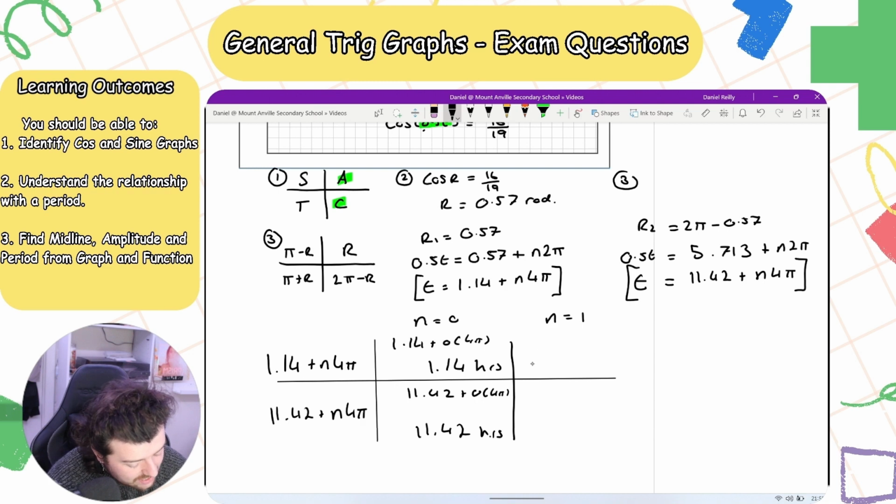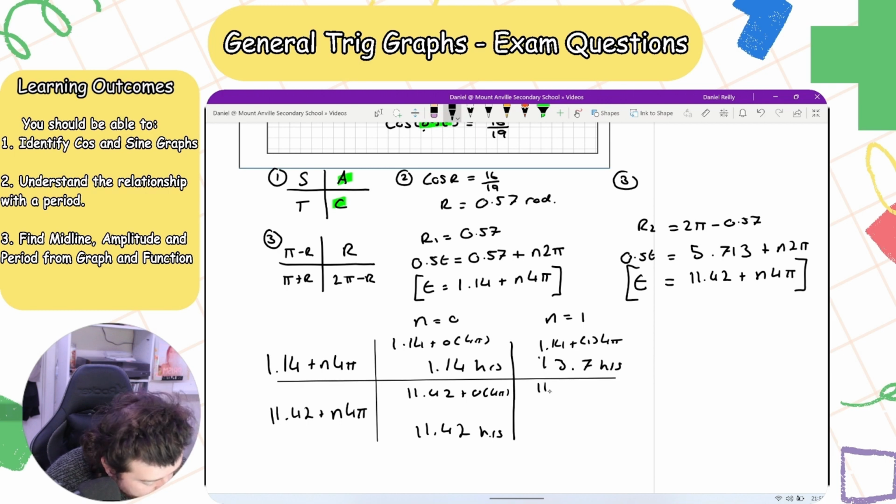And then finally, when n is equal to 1, 1.14 plus 1 times 4 pi is going to be 13.7 hours. And then here is going to be 11.42 plus 1 times 4 pi.